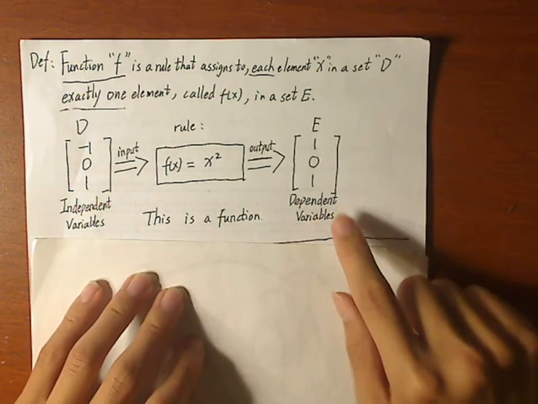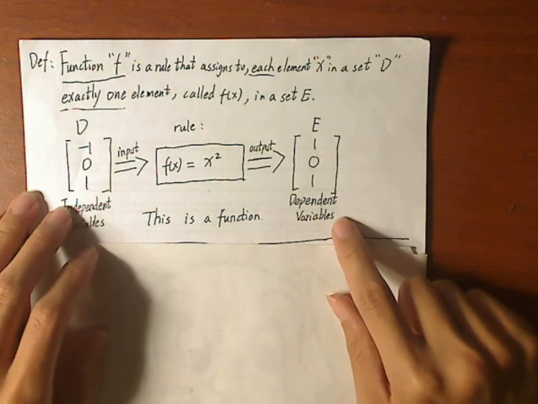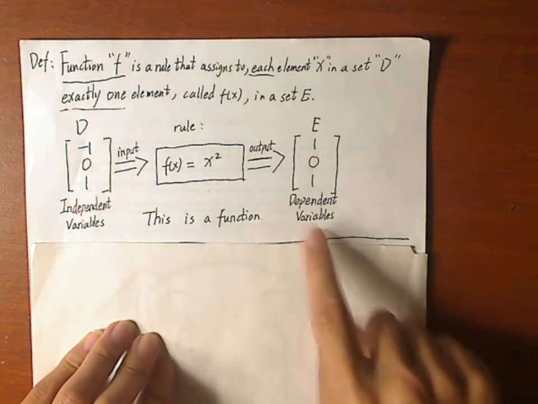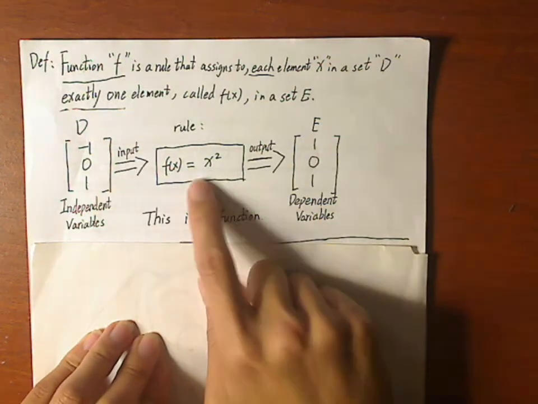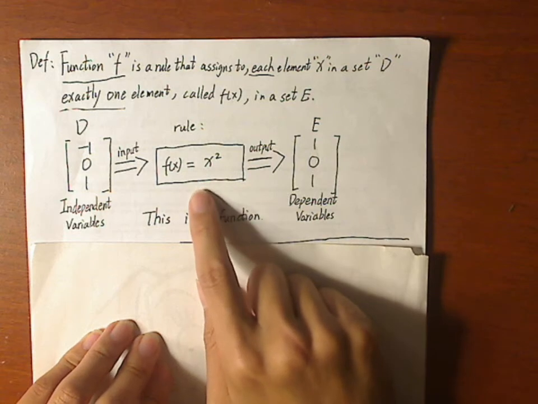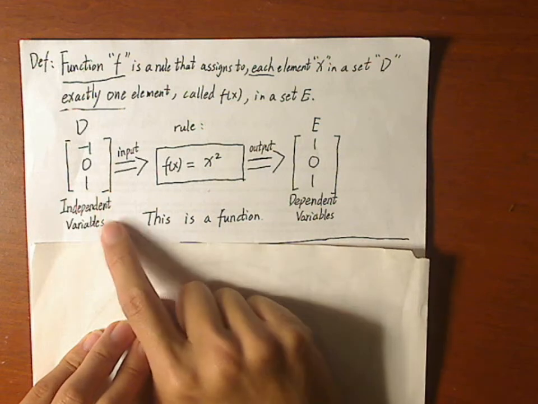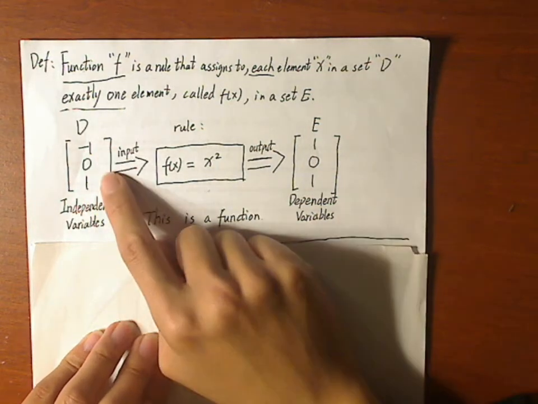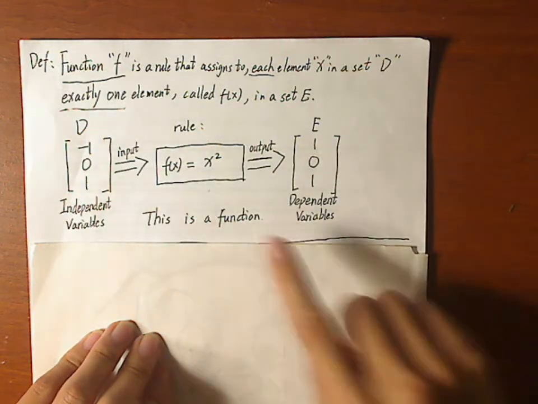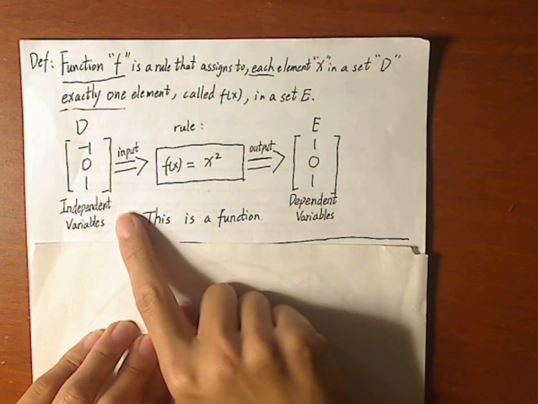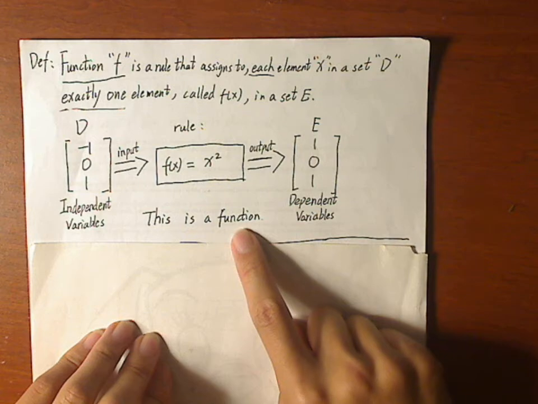So E is called the dependent variable, because it depends on the numbers put in, and it also depends on what kind of function we're using. But D is not dependent. D I can choose to be all kinds of numbers. So D is the independent variable. D and E are connected by the function.